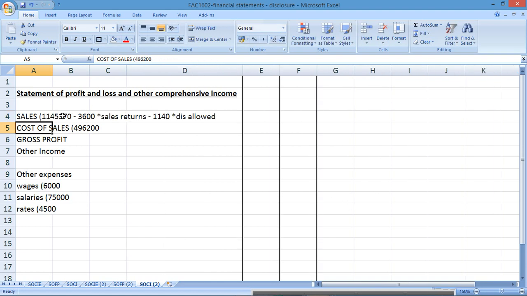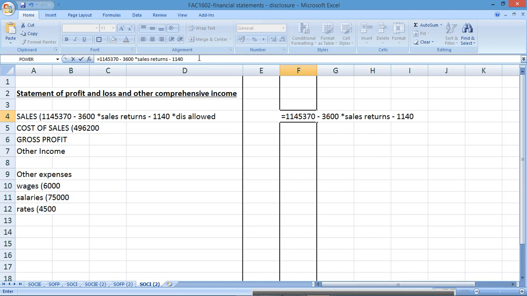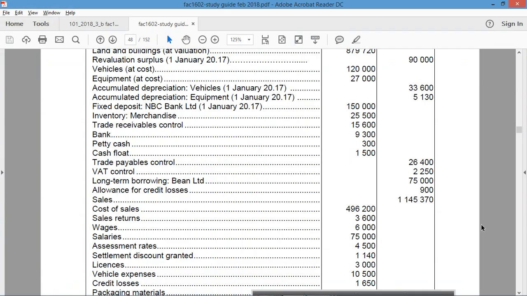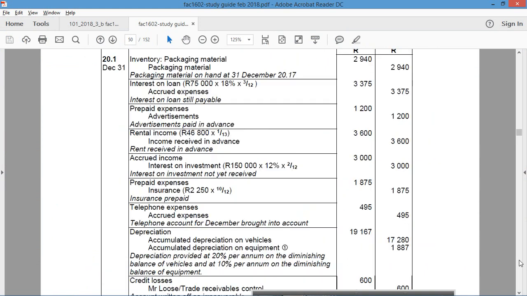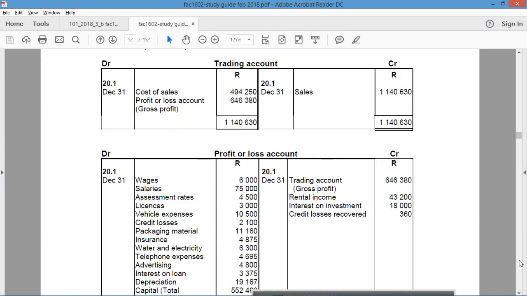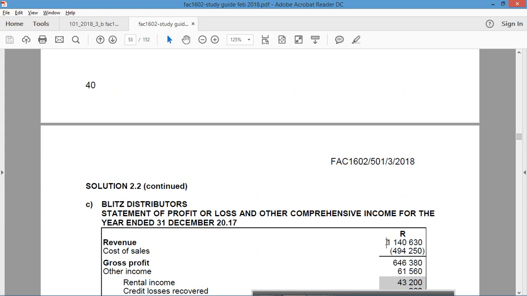Now if I take these figures and add them together, let's have a look and just check. Yes, see, 1140 630. They just didn't show the brackets.